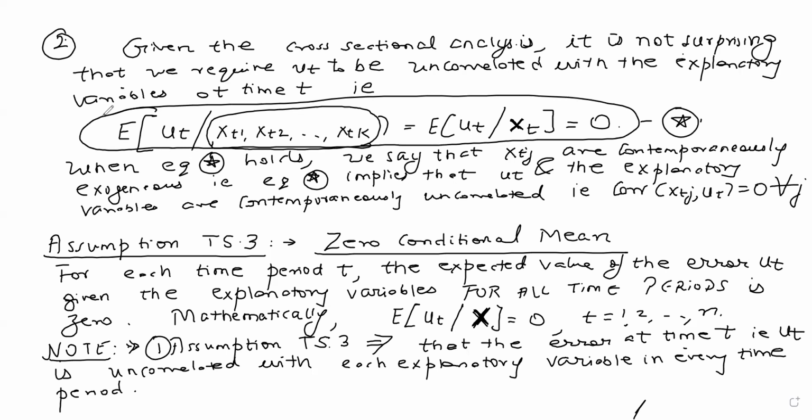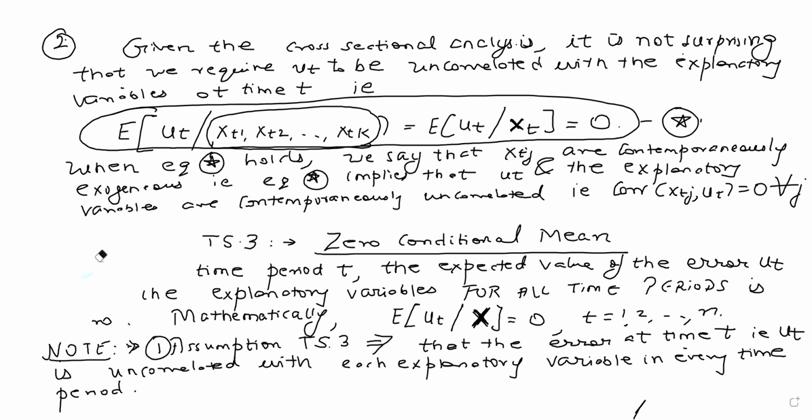What I'm trying to say is that in cross-sectional analysis, ut is uncorrelated with all the independent variables at time t only. But if I talk about assumption TS3, I'm explaining it in more depth.